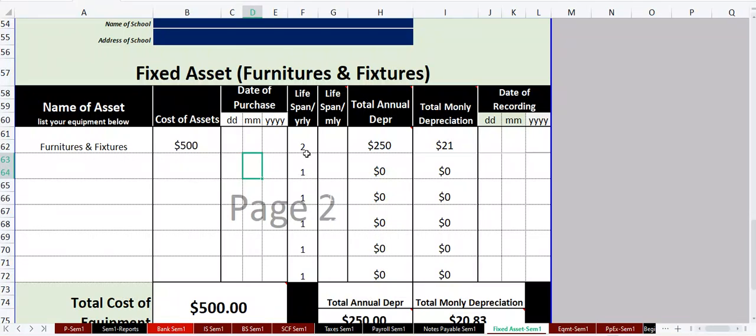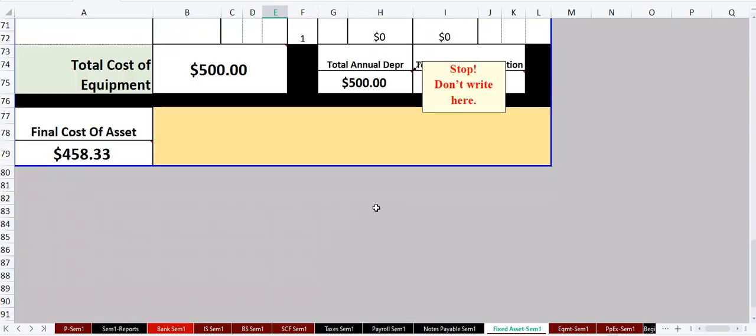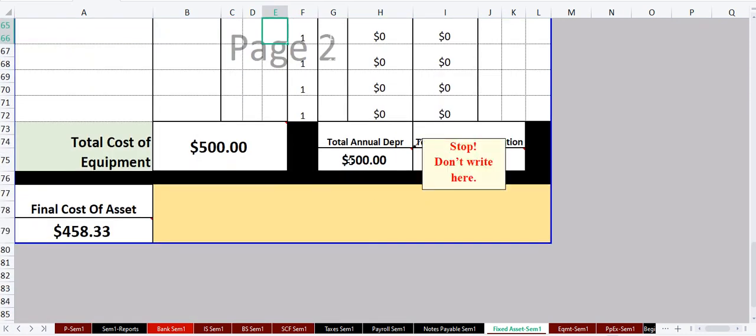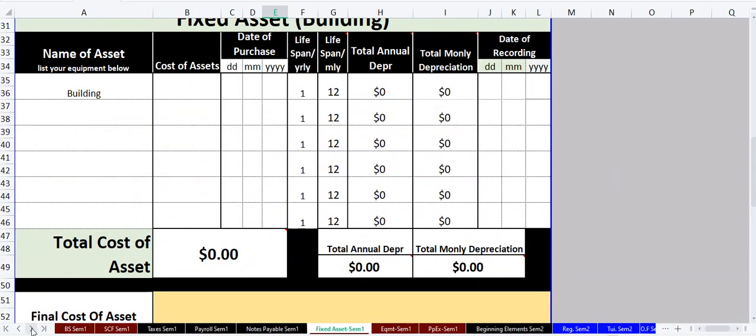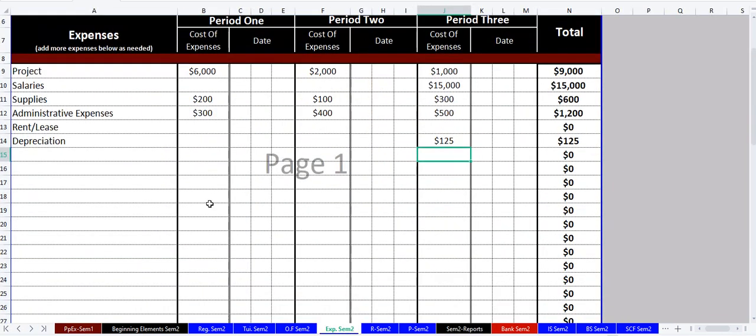No, maybe 1 year. Furniture doesn't last too long. So we say 1 year. It's okay, we are on course, so just look at it. That is 500. So we come here now to semester 2, to our expenses. We're going to put 500 there for depreciation.